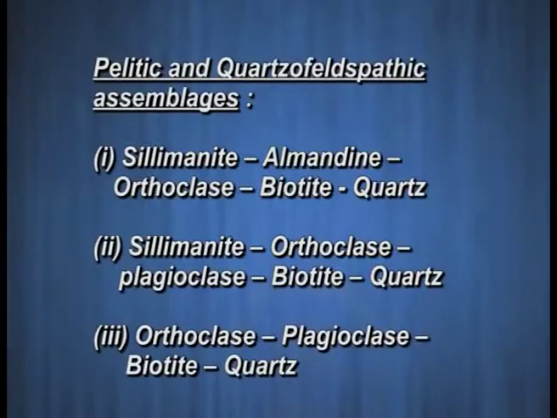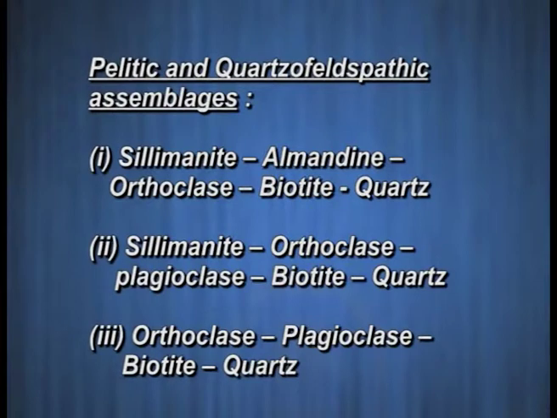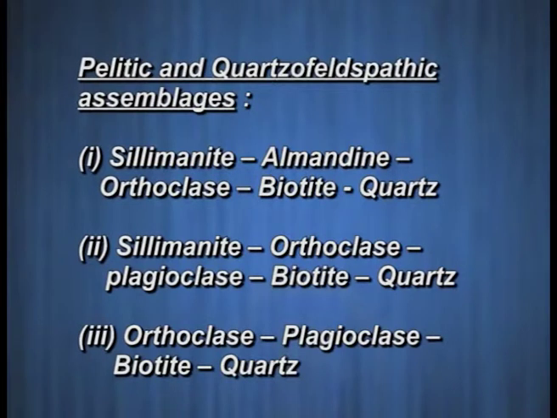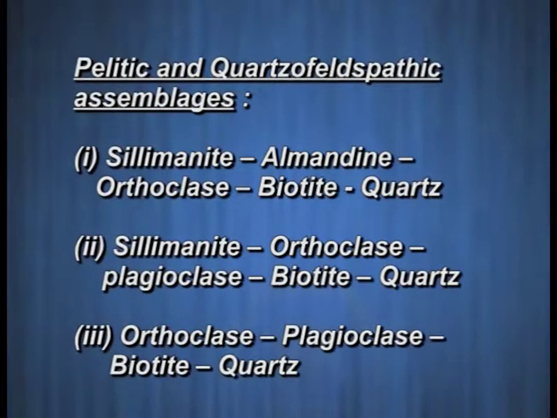Some typical pelitic and quartzo-feldspathic assemblages: first is sillimanite, almandine, orthoclase, biotite, quartz. Second important assemblage is sillimanite, orthoclase, plagioclase, biotite, quartz. And third important is orthoclase, plagioclase, biotite, quartz.